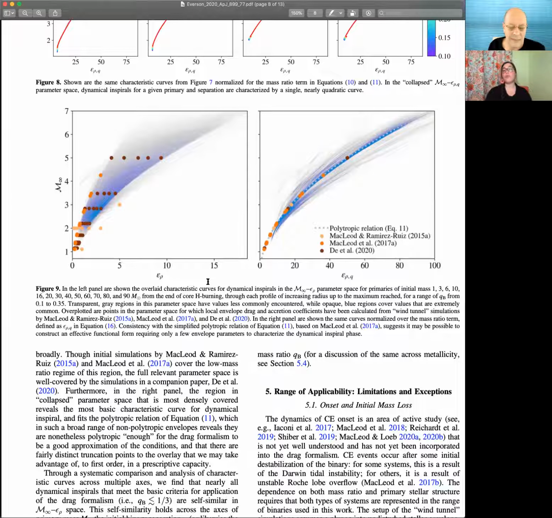And what was more exciting to me, that looks at future work, is that in the right-hand panel, if we have this very nice clean line of this collapsed epsilon rho q curve, does that mean that we can actually take that curve and expand it again?